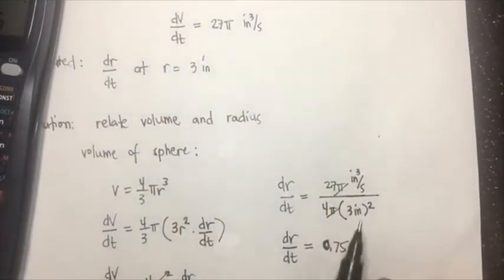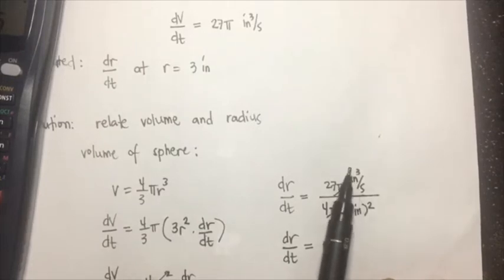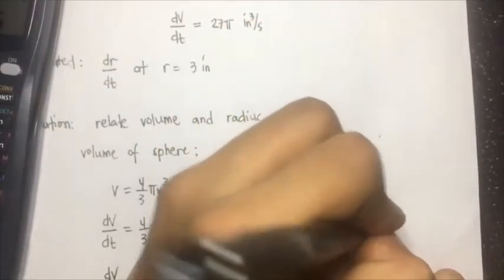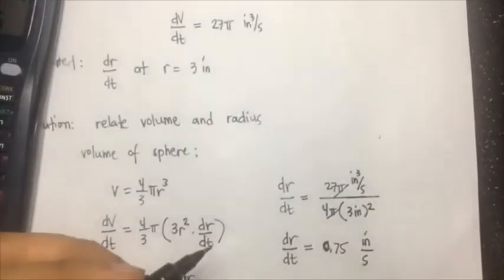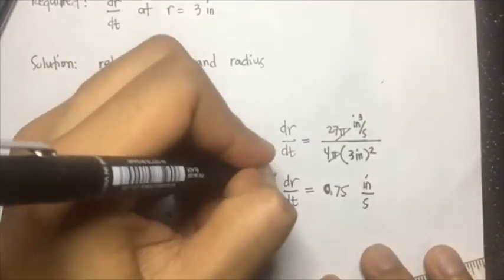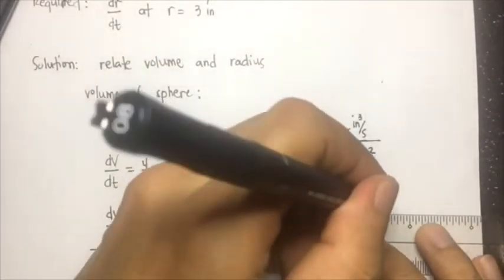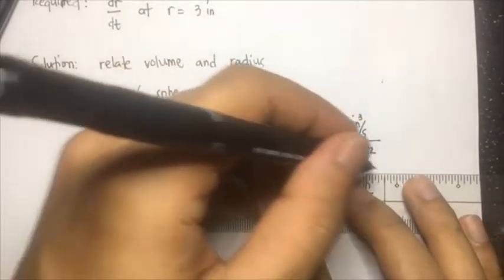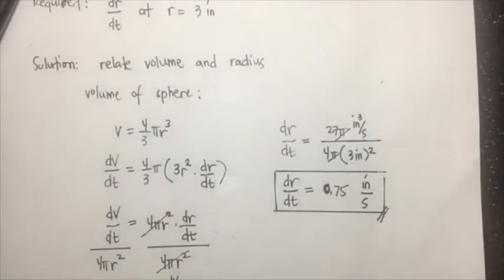So 0.75, so we have cubic inch divided by cubic inch per second divided by square inch. So the unit that will be left is inch per second. So that's it. So that's our answer.